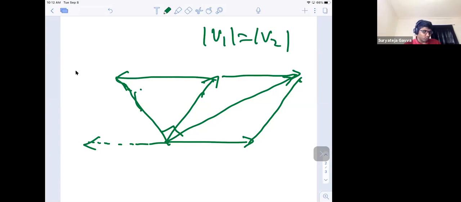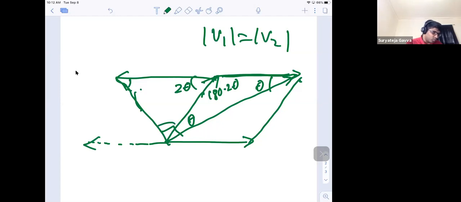Do you know how to do it geometrically? If you remember your school geometry, you can show that this is 90 degrees. So this is length A. If this is theta, then this is 180 minus 2 theta, and these angles should be the same.